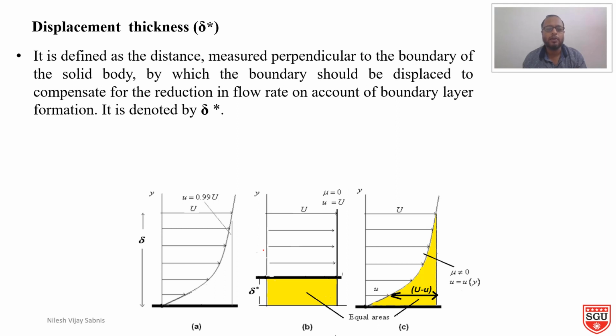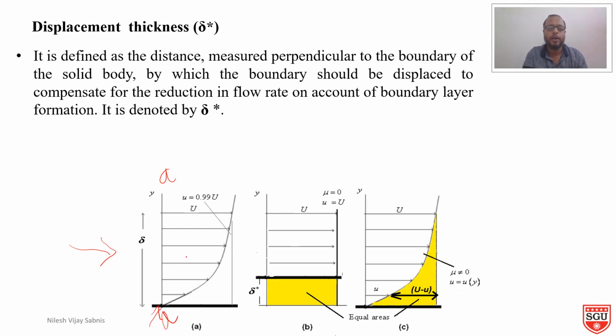Let's see what is happening in the formation of the boundary layer. In figure A, you are seeing there is one plate. Fluid is flowing from this direction, and due to that the boundary layer is formed, and we have got at section AA a velocity profile like this.